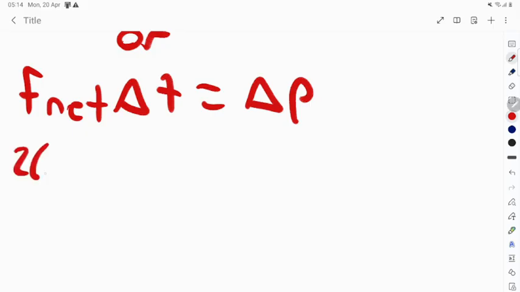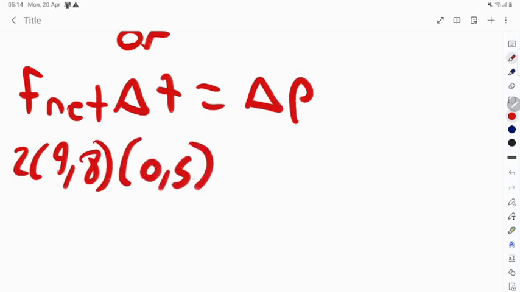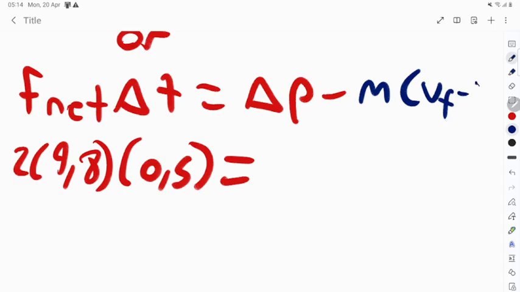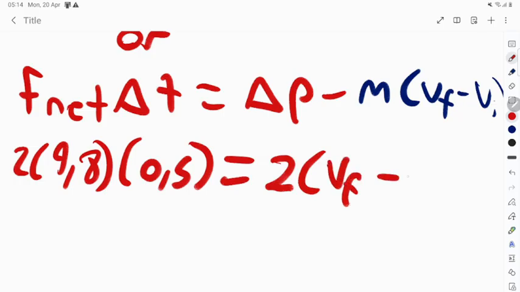So that's 2 multiplied by 9,8. And we're told that it takes 0,5 seconds to reach the ground, is equal to, remember, change in momentum, that's m(v final minus v initial). So same thing here. My mass is 2, and then my v final, that's what I'm looking for. My v initial is what?